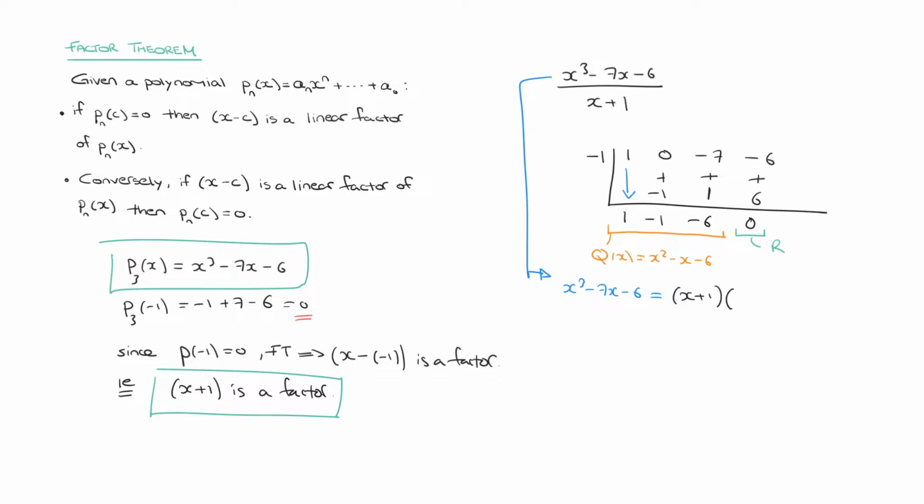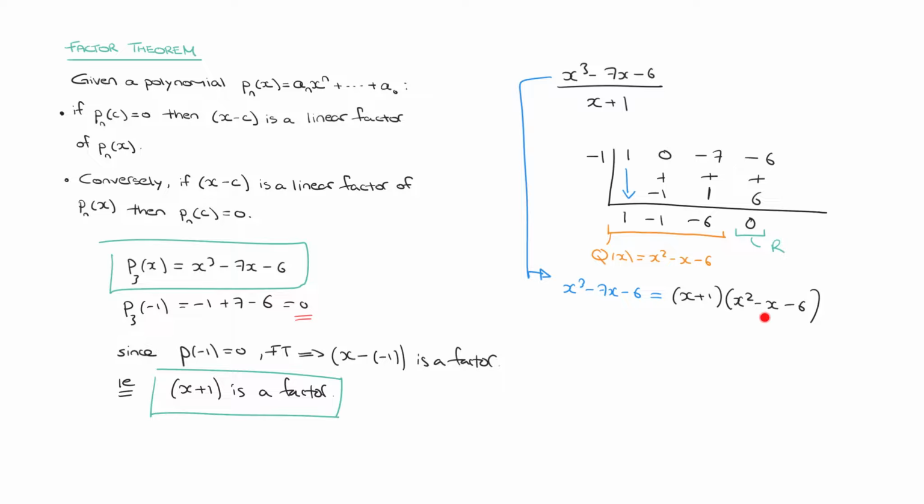So we can now state that x cubed minus 7x minus 6 is equal to x plus 1 times x squared minus x minus 6. This is particularly useful because suddenly we're faced with a way to find all three roots, if there are three real roots, of this cubic polynomial. Because I know that negative 1 is a root, and I can now focus on the quadratic that we have here, and we've known how to solve quadratics forever.